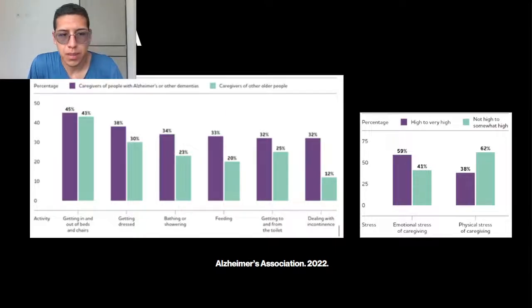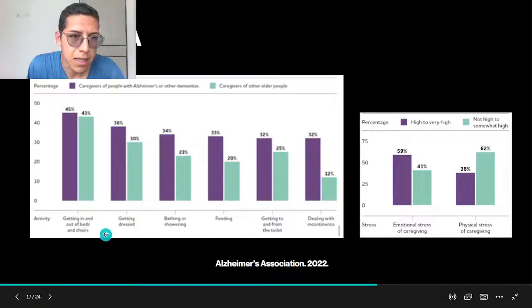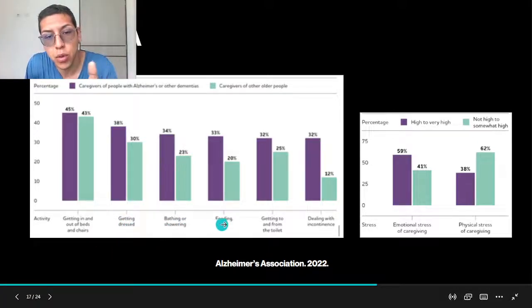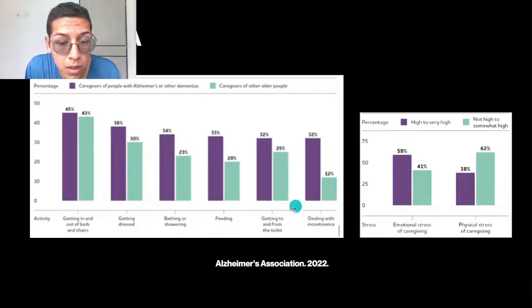It can be seen, for example, here that getting dressed has 38% and 30%, but when they move forward until dealing with incontinence, it reduces to 32% and 12% respectively.